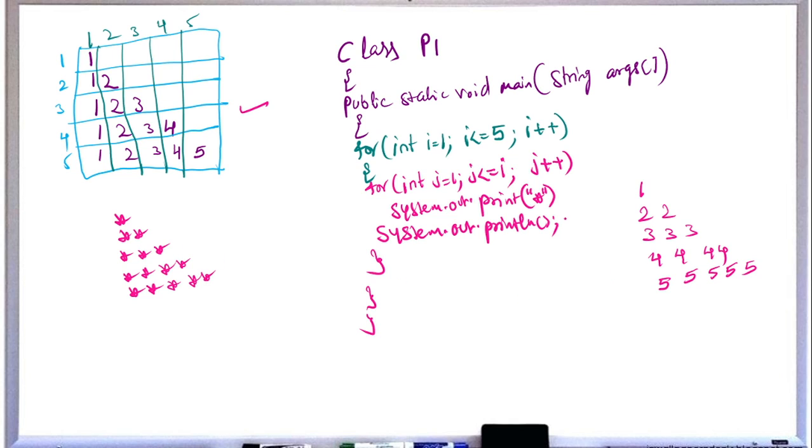Similarly, if instead of the star you give, for example, the alphabet A, then it will print A, next A A, next A A A, next A A A A, and next A A A A A. This pattern will be printed.